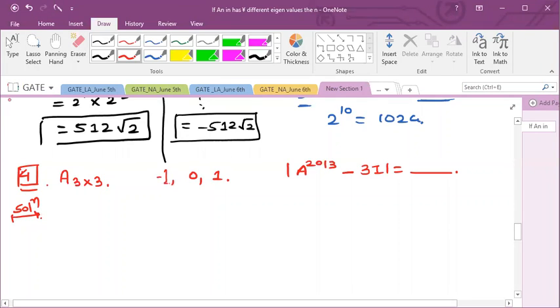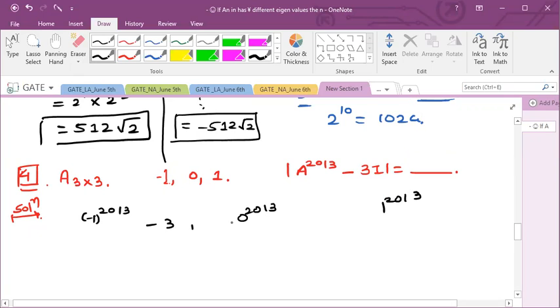Okay, so let us see this. The same process we are going to apply over here, right? If the eigenvalues are minus 1, 0 and 1, then for A to the power 2013, my eigenvalues will be minus 1 to the power 2013, 0 to the power 2013 and 1 to the power 2013. And for minus 3I, I have to subtract 3 from each one of them.